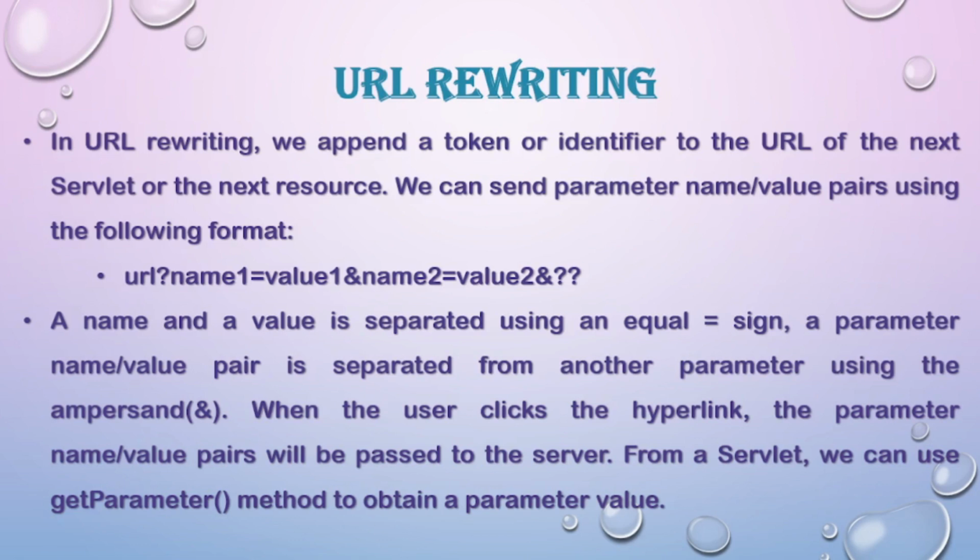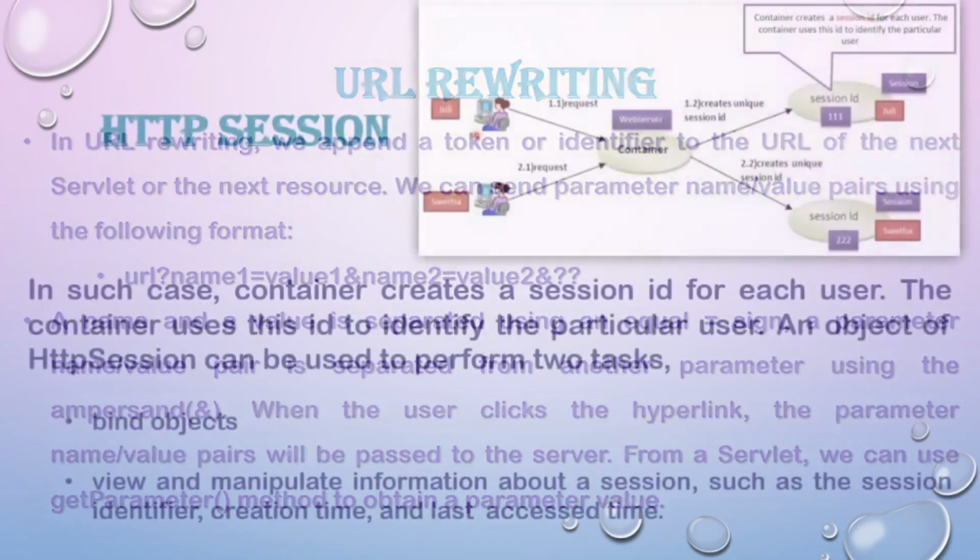A parameter name/value pair is separated from another parameter using the ampersand. When the user clicks the hyperlink, the parameter name/value pairs will be passed to the server. From a servlet, we can use the getParameter method to obtain a parameter value.